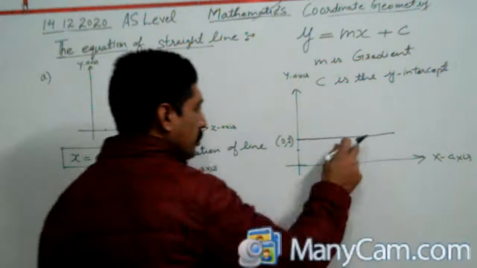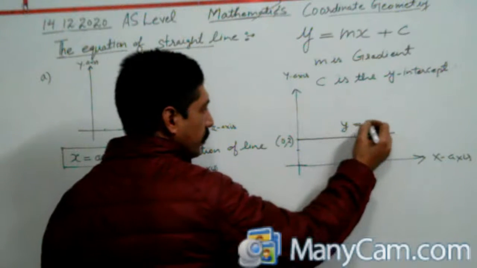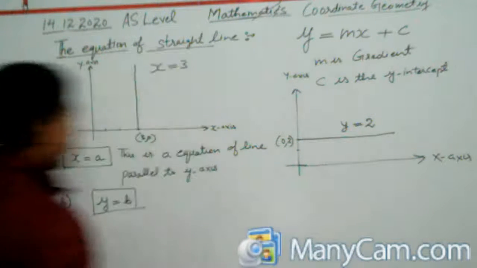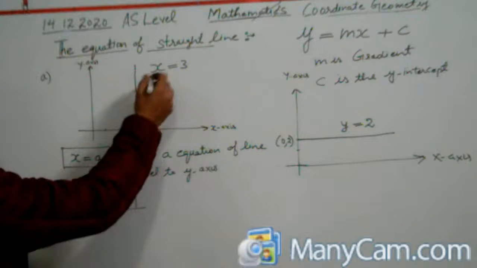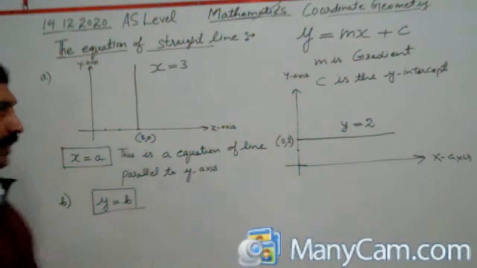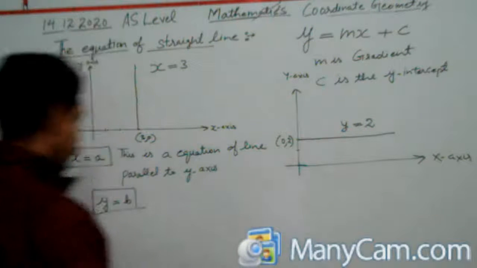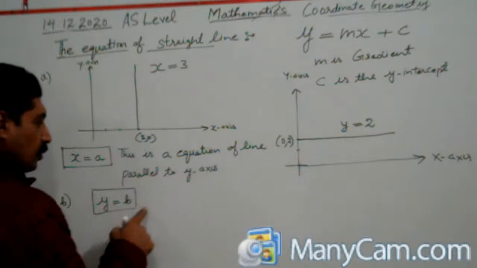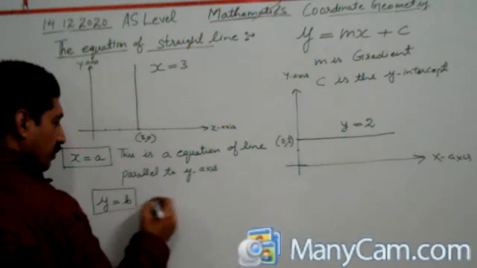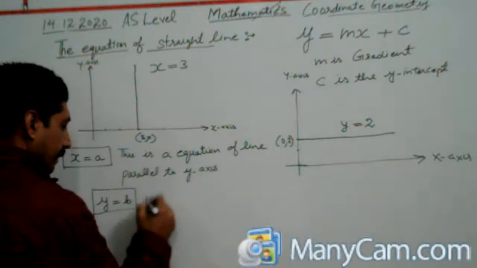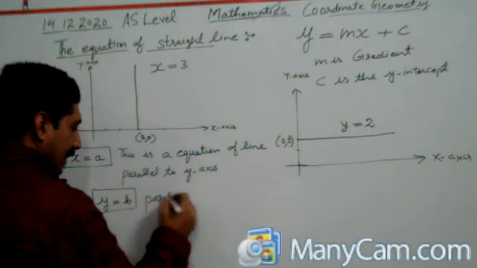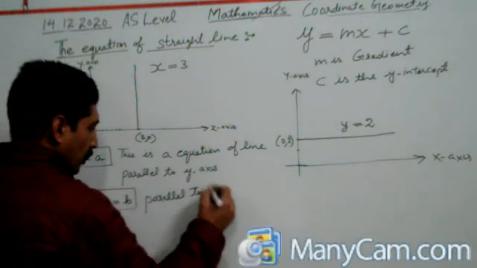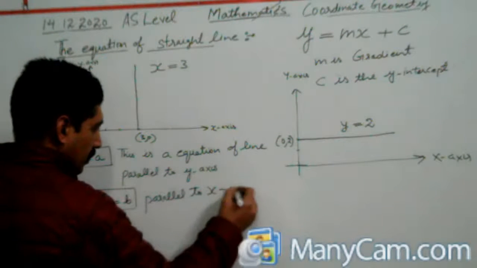This is the equation of the line y is equal to 2. This is the equation of the line y is equal to 3. So y is equal to 2, or y is equal to b, is a line parallel to the x-axis.